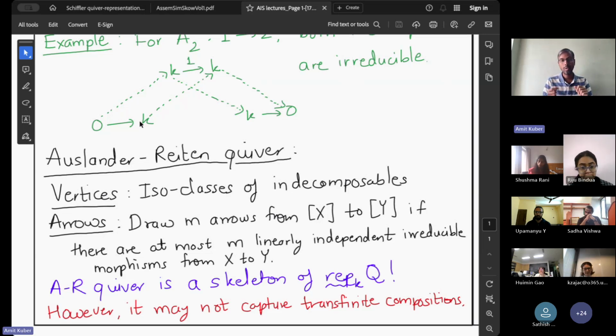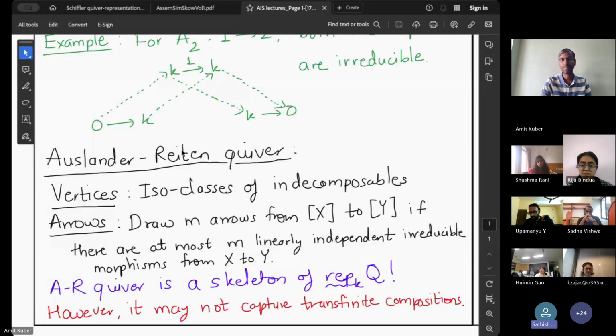If there are two objects in different connected components, then any non-zero morphism between them is actually a transfinite composition of these irreducibles and their sums. That data is not captured by the Auslander-Reiten quiver. However, it's a good first approximation for the category of representations. Any questions?